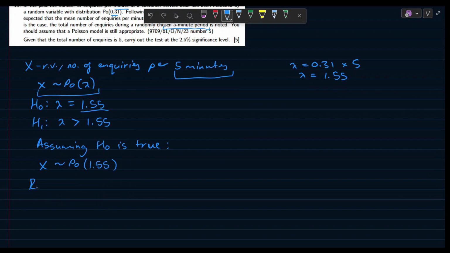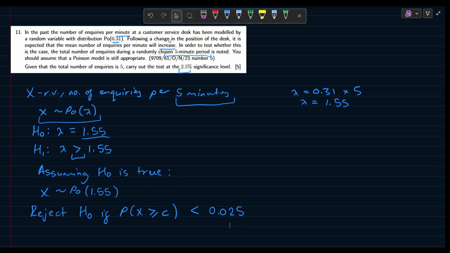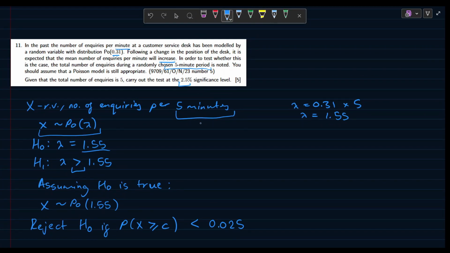So we can say reject H naught if the probability that x is greater than or equal to, we always add an or equal to sign, our test statistic, is less than our significance level. Our significance level is 2.5%, so that's 0.025. So what's the total number of inquiries that they found in this 5-minute period? They found a total number of inquiries of 5. So that's going to be our test statistic.